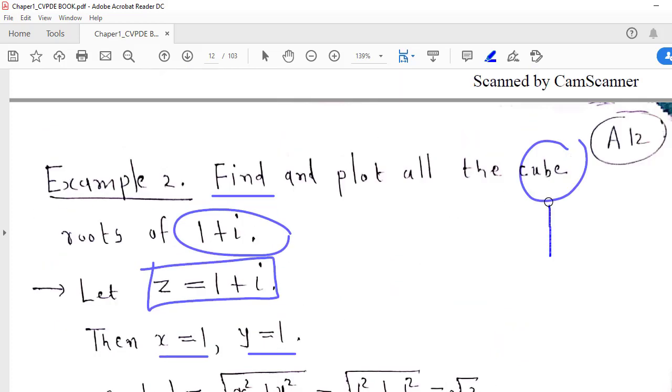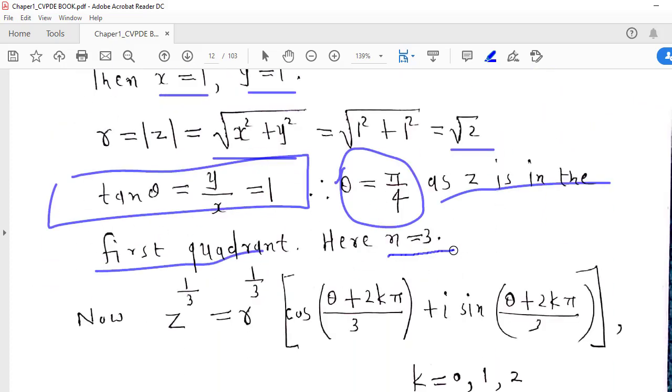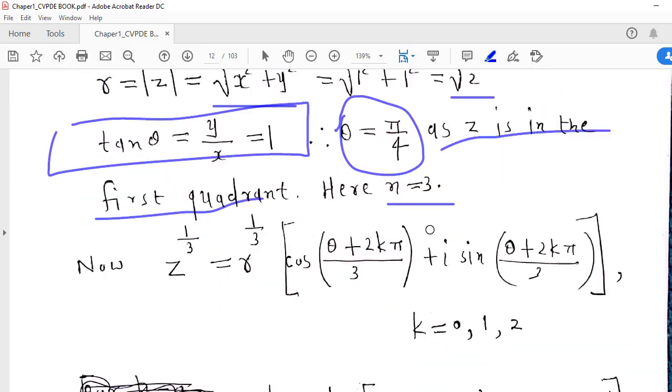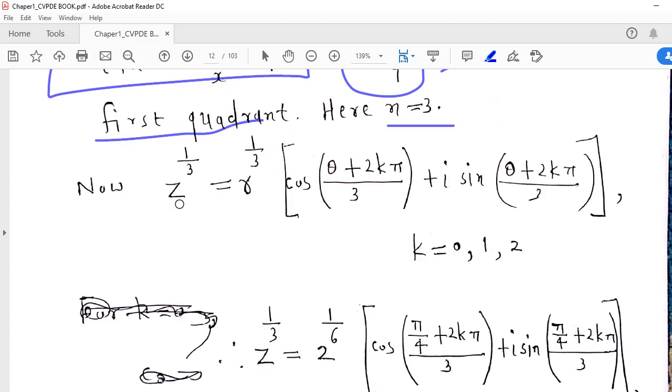And we are asked to find the cube roots of 1 plus i. So we take n equal to 3 in that formula. Finally z raised to 1 by 3 equals r raised to 1 by 3 times cos of (theta plus 2k pi) by 3 plus i sin of (theta plus 2k pi) by 3. k runs from 0, 1, 2 up to n minus 1.